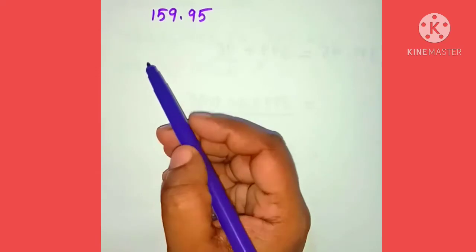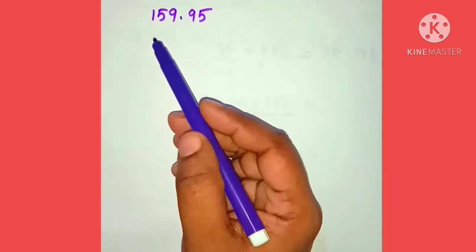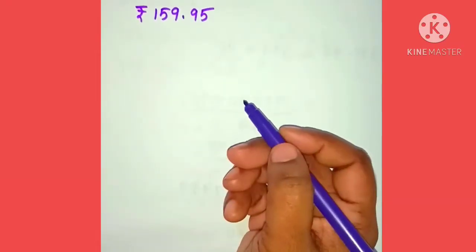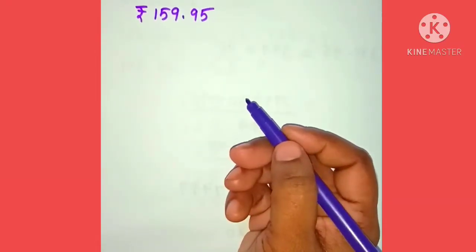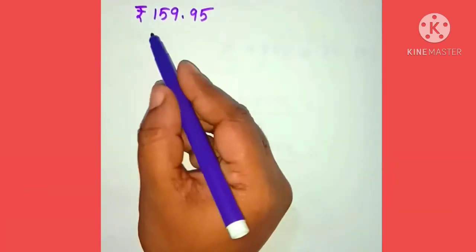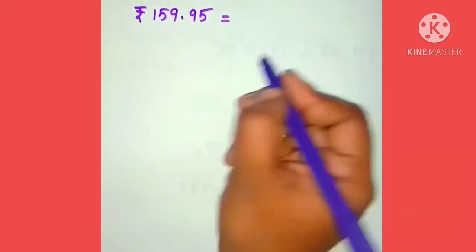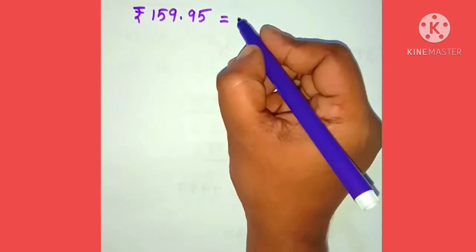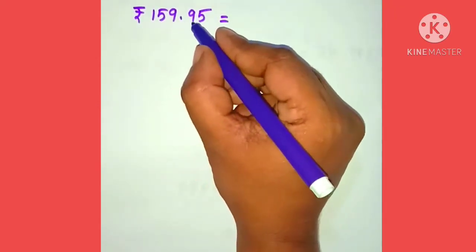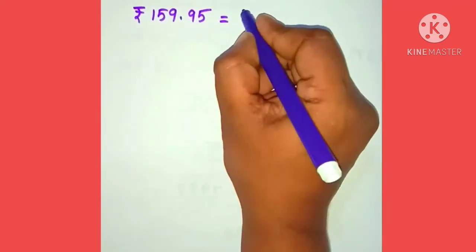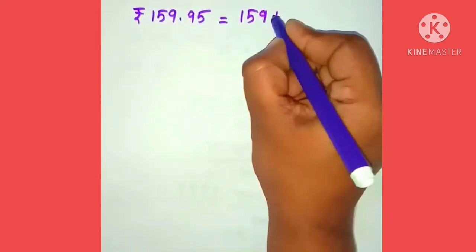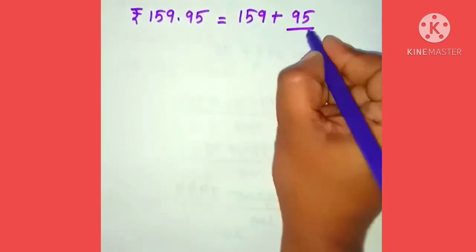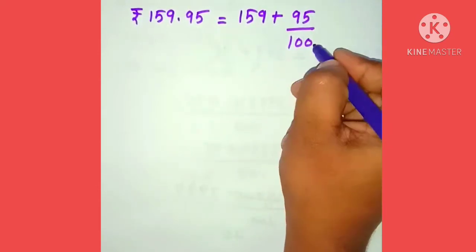Finally, if the price of brand Y slipper is rupees 159.95, then it can be expressed as a fraction as below. We can write 159.95, or 159 and 95 hundredths, as 159 plus 95 by 100.